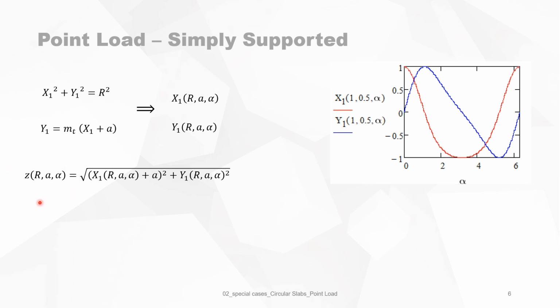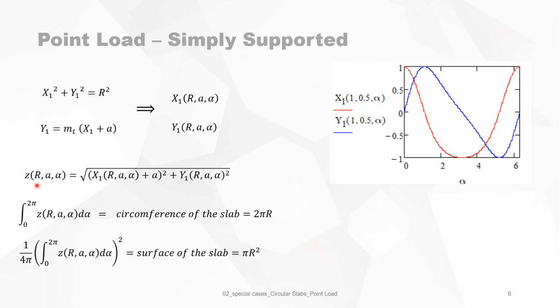And then the distance z is also a function, like we've seen, of x1 and y1. So it means now that we can put all distances depending only on r, a, and alpha. Just to give you an idea of the meaning of z(r, a, alpha), it is nothing more than a kind of a mean radius of the slab.